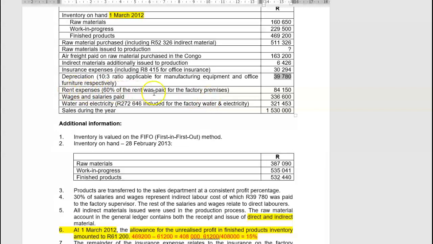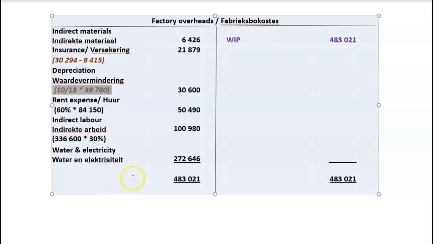Your normal rent would be 40% of the 84,150 as a normal operating expense in the income statement, although 60% of the 84,150 will form part of our cost of production, and that will be in our overhead account because it's an overhead, 60% of that amount, which gives us 50,490 rand.